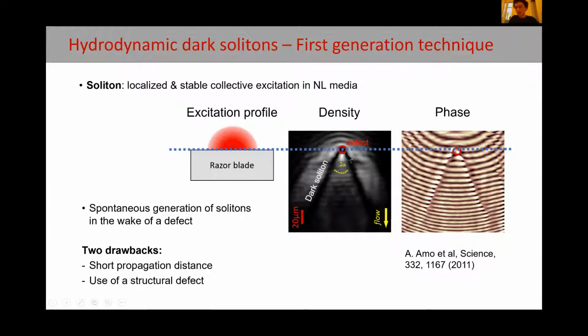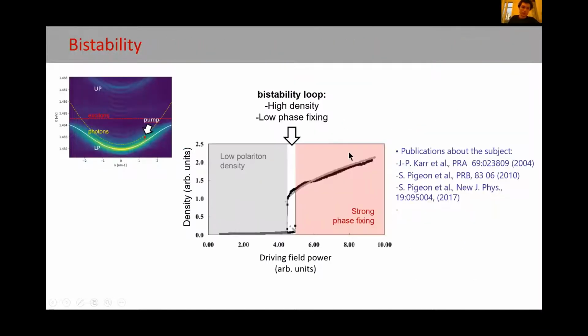So now, in order to overcome these two limitations, we can exploit the polariton bistability properties. So with the quasi-resonant excitation, like here, the fluid density can be in a bistable state. So if we plot the fluid density with respect to the driving field power, you can see here a hysteresis loop, which is the bistability of our nonlinear medium.